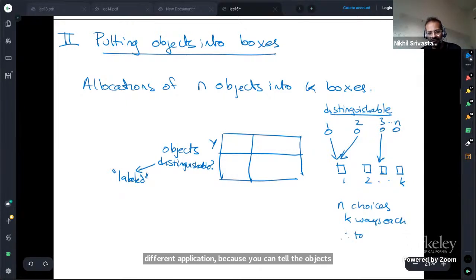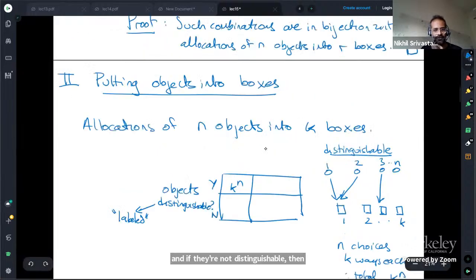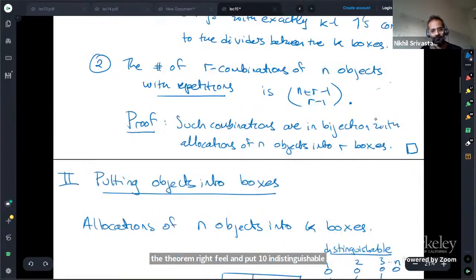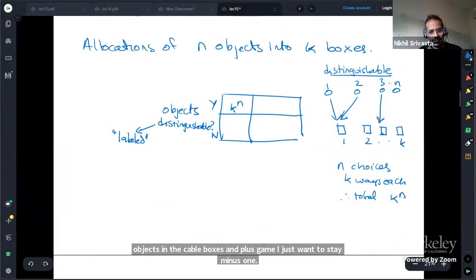So the total is, quite boringly, k to the n. And if they're not distinguishable, then we actually just solve the problem above in the theorem, right? If you want to put n indistinguishable objects into k boxes, it's n plus k minus 1, choose k minus 1. So we already solved this.